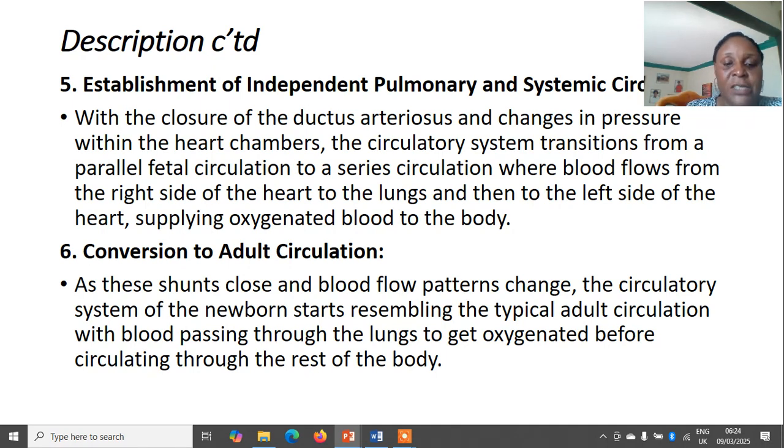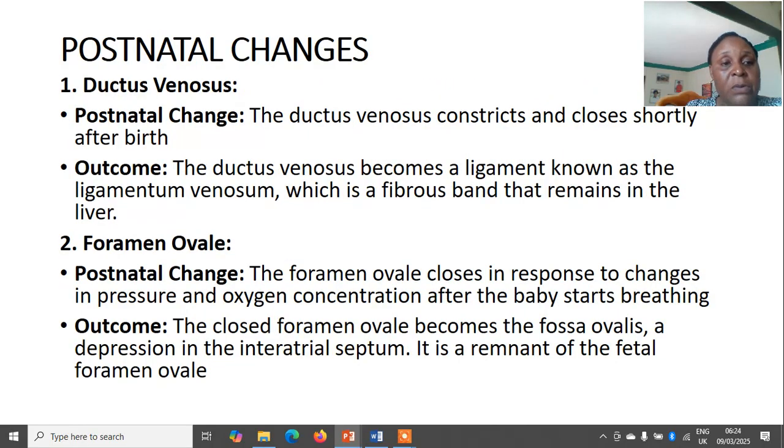And these shunts close and blood flow patterns change. The circulatory system of the newborn starts resembling the typical adult circulation, with blood passing through the lungs to get oxygenated before circulating through the whole body.